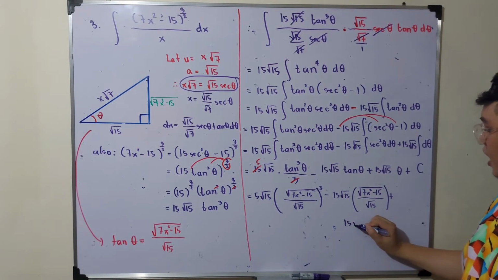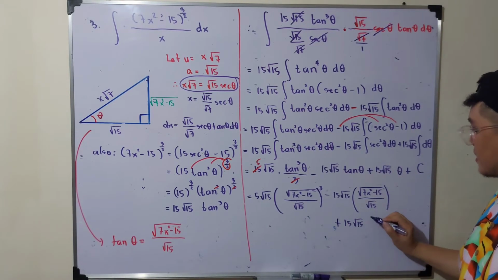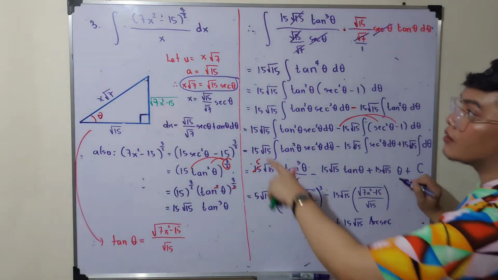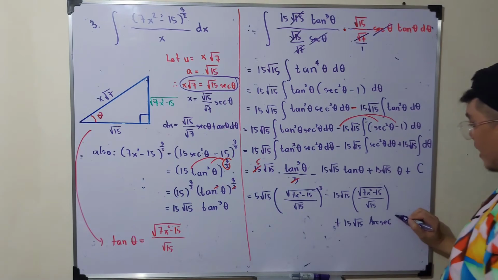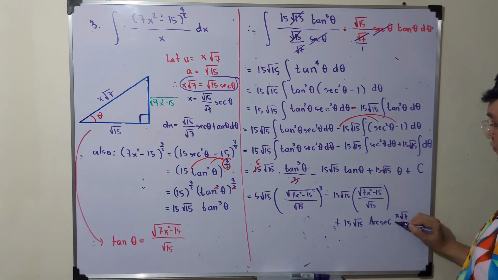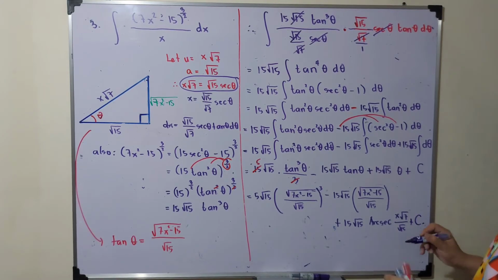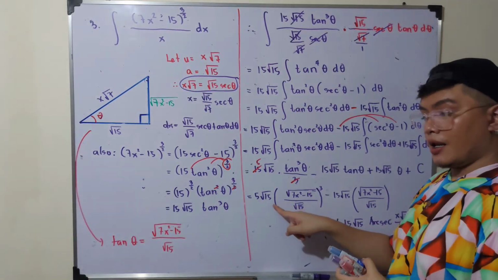Ayan, hindi nakasya. Ito tayo natin lagay yung plus. Arc secant. Ito. So we have x square root of 7 over square root of 15 plus c. Okay. Ito guys, hindi nyo pa yan pwede i-cancel.